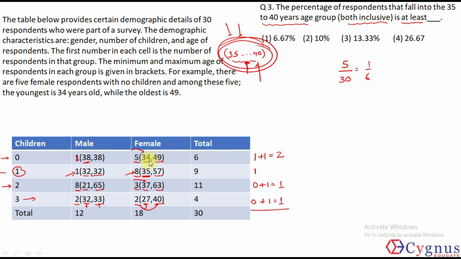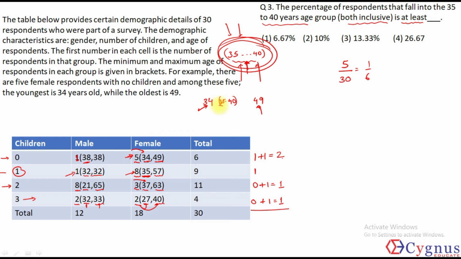So let's cross check the values again here. Look at this one. How many females were there? 5. One is 34 years old and one of them will be 49 years old. And the remaining 3, I can say that none of them will belong to this range. So one is 34 years old, one is 49 years old. How many are left? 3 more females. I'll say that none of them will belong to this range.